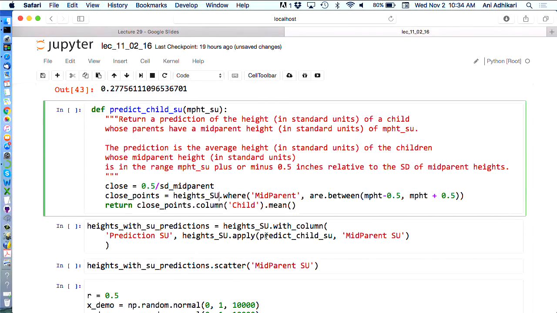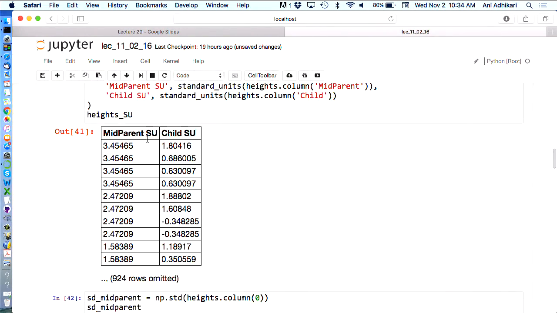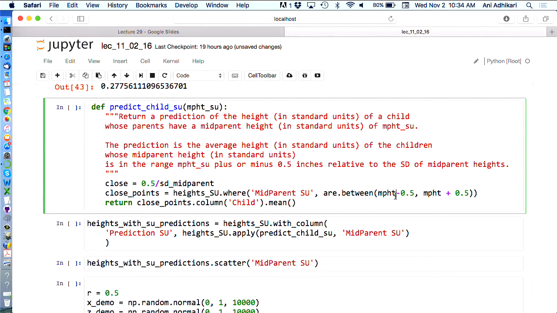Okay, heights in standard units where mid-parent, I believe, in standard units are between, okay, so this thing is now in standard units and we're subtracting off the number close and we are taking the same number and we are adding the number close.